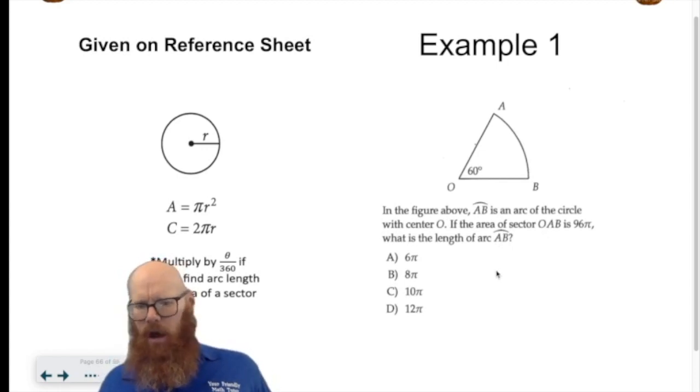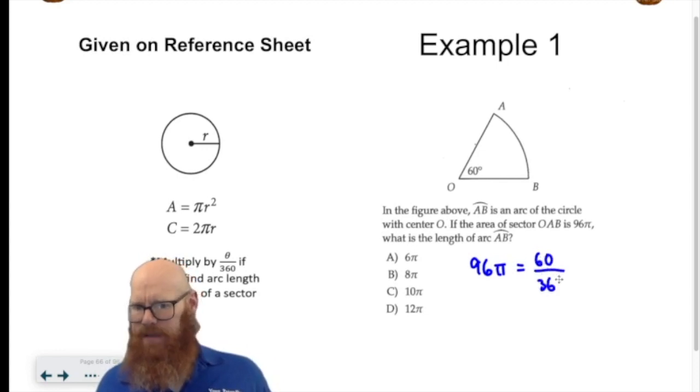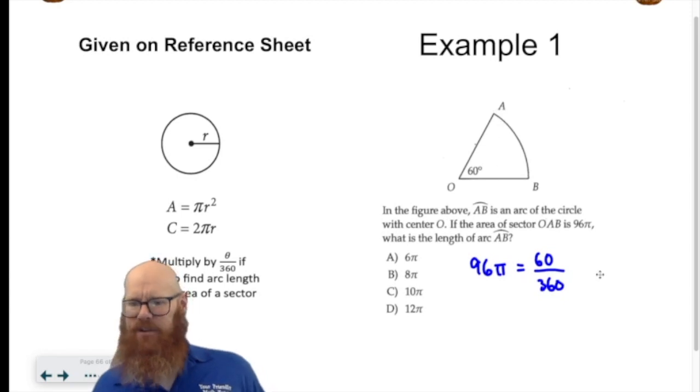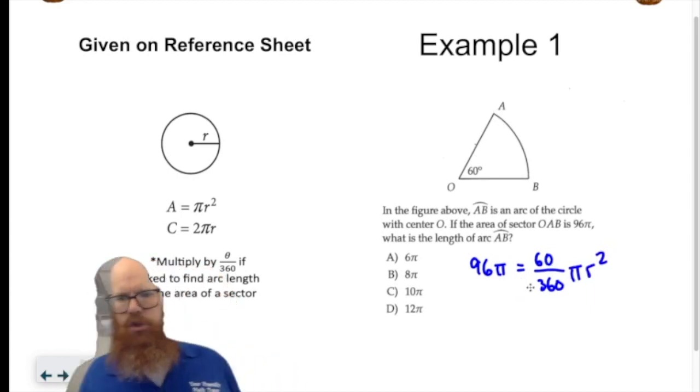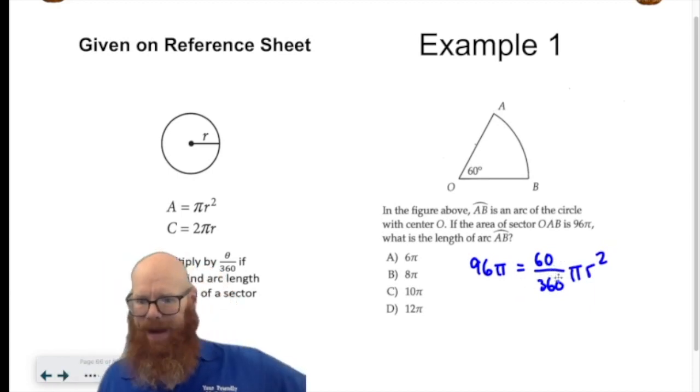You multiply the formula by theta over 360. So 96 pi equals 60 over 360, the fraction of the whole circle that this sector takes up, times pi r squared. We are looking to solve for the radius here.